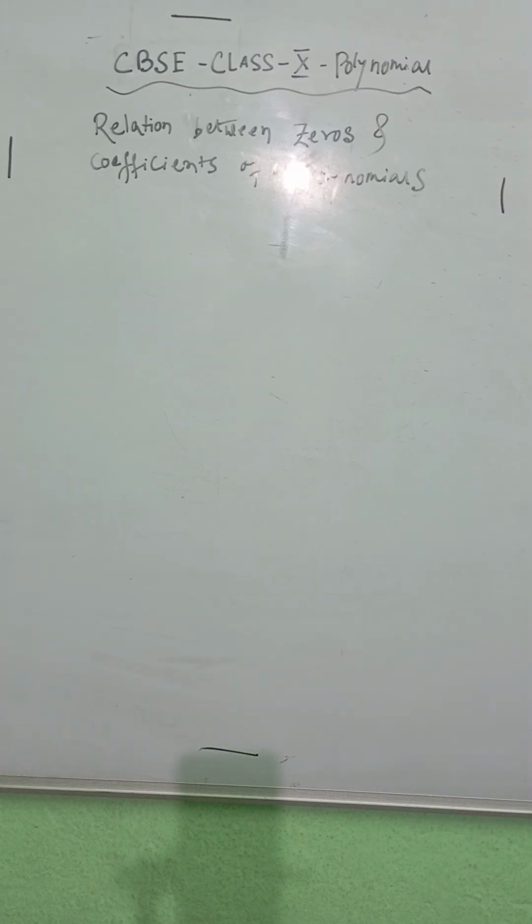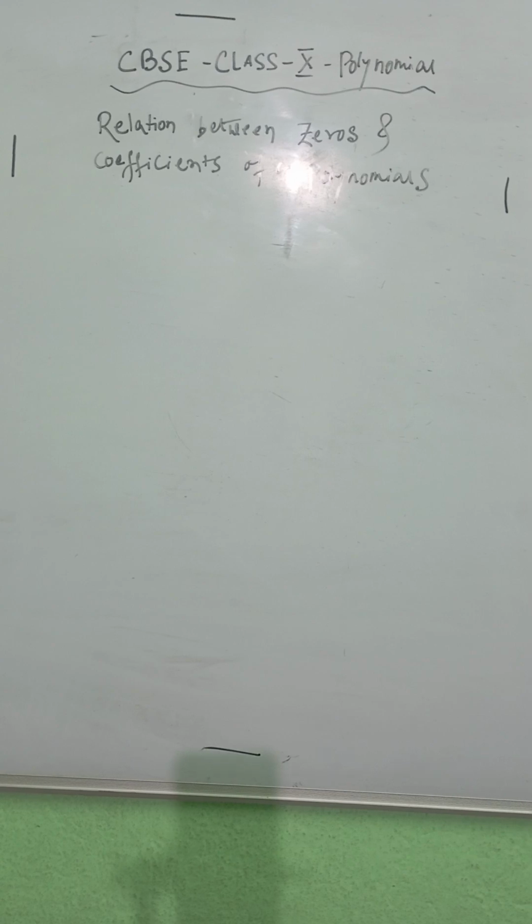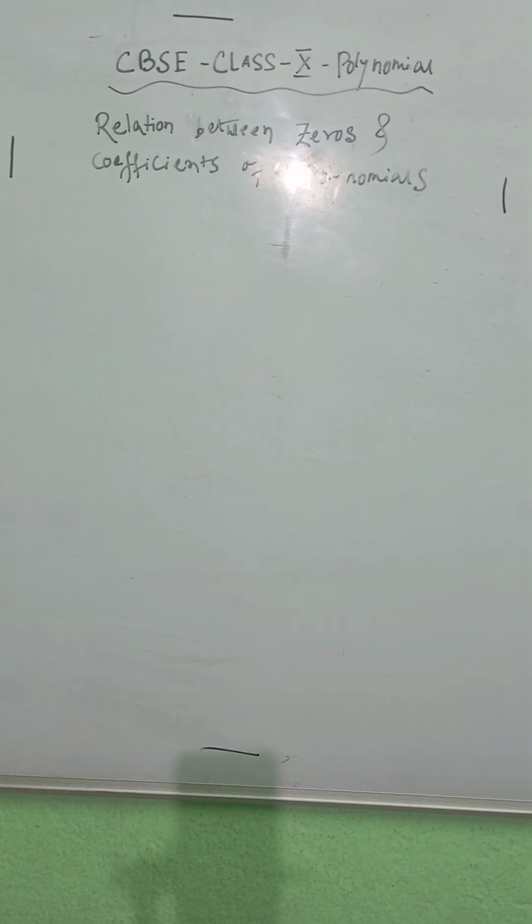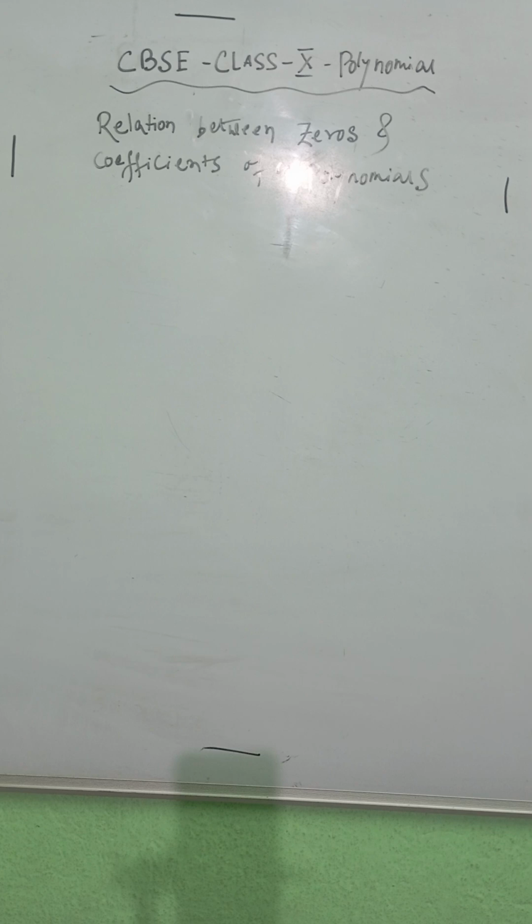Now today we are discussing the class 10 polynomial chapter: the relation between zeros and coefficients of a polynomial. Now what is this?